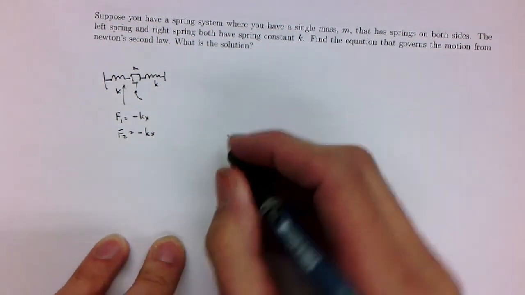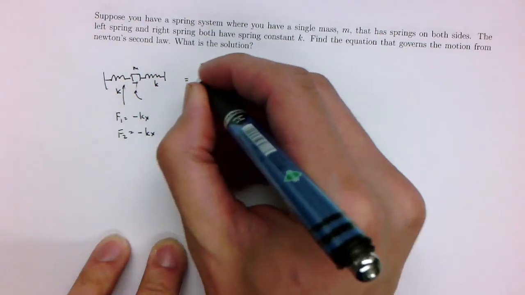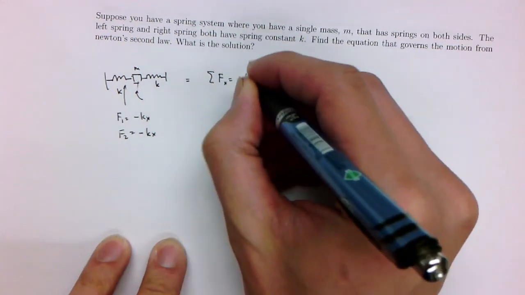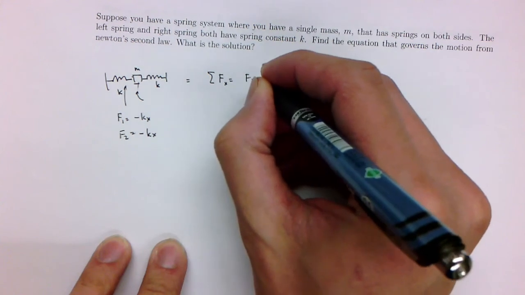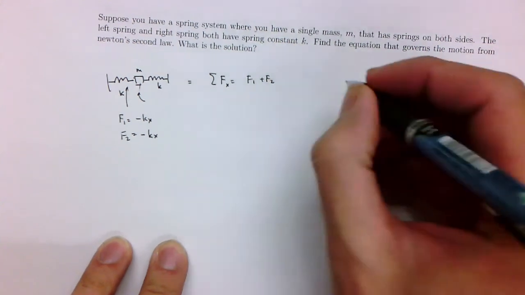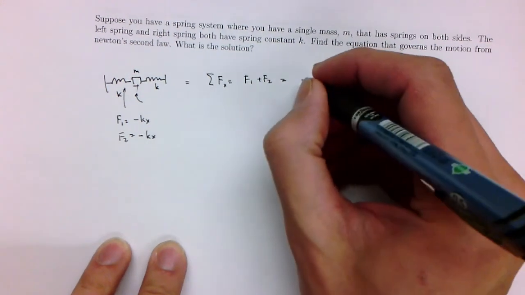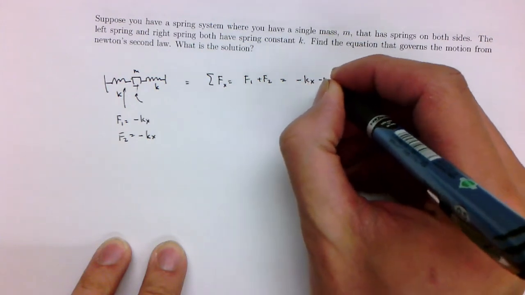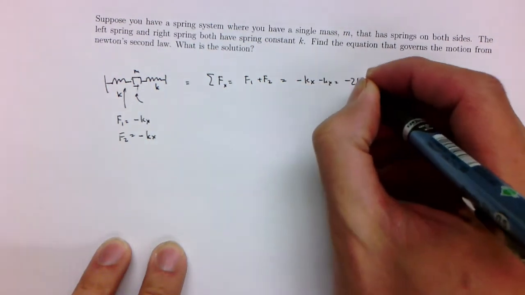So the sum of the forces in the x direction is F1 plus F2, which is just simply going to be equal to minus kx minus kx, which is minus 2kx.